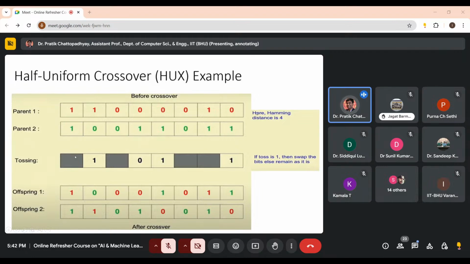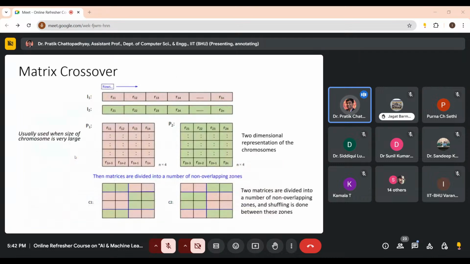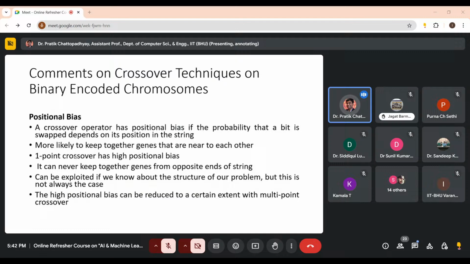If both bits are the same, we are not tossing at that point. Similarly, there are other different crossover techniques. I'm not going through all of them. The basic idea of crossover is to combine two parents and generate two offsprings.